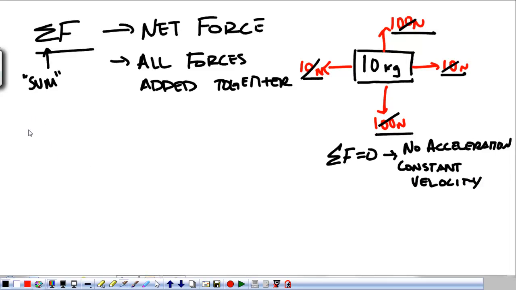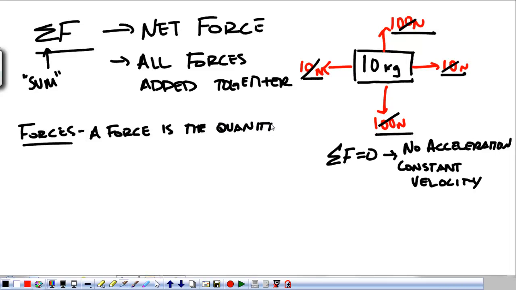So, let's talk about forces. Okay, a force is the quantity that changes the motion of an object.